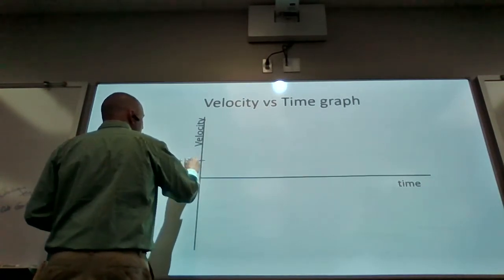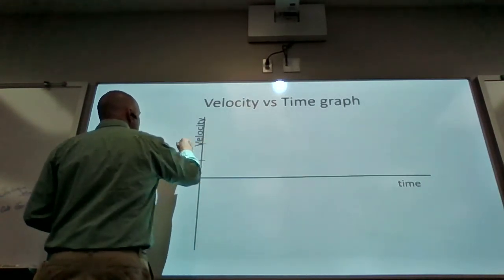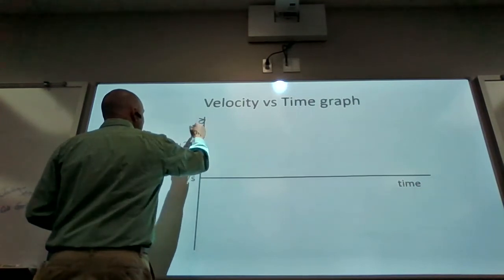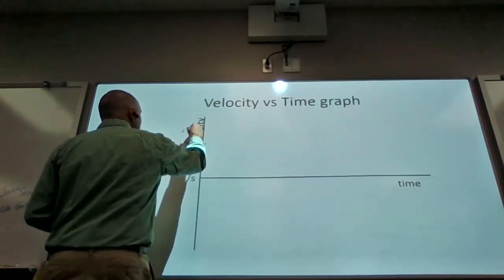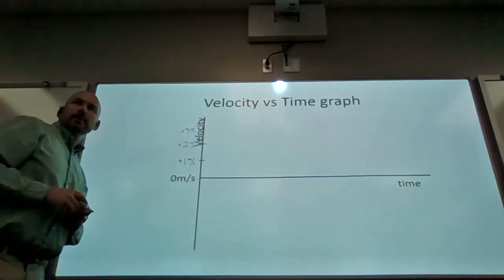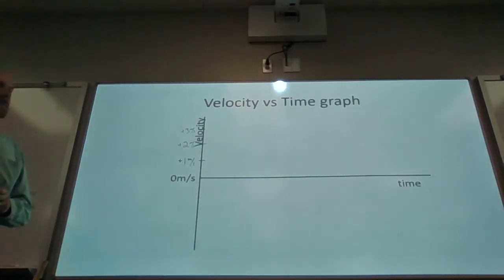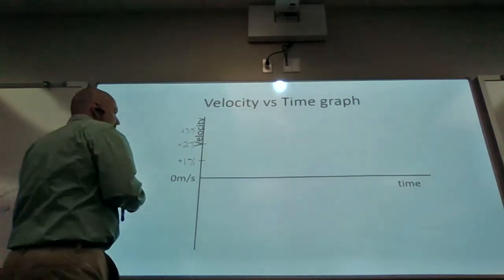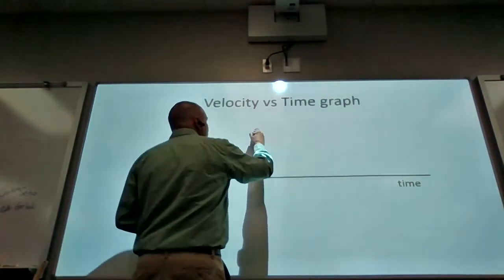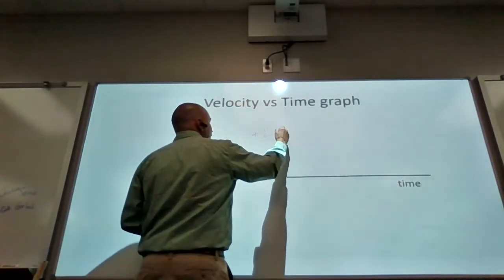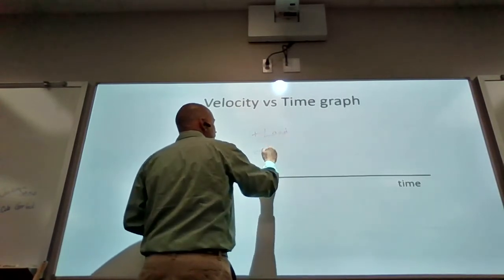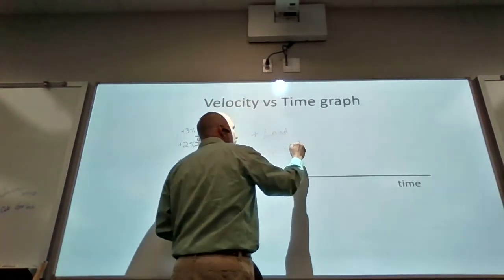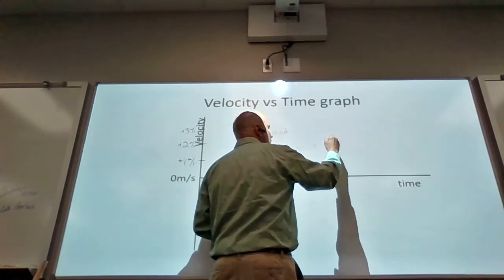So positive 1 meter a second, positive 2 meters a second, positive 3 meters a second. If you are above the x-axis, this is positive land. You're moving in the positive direction.